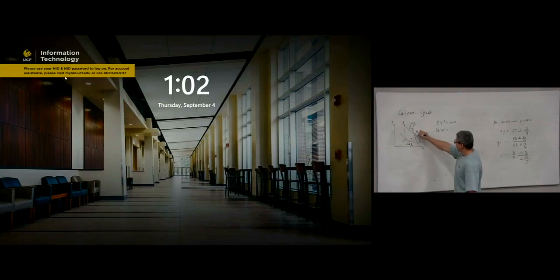This one shares the same adiabatic curve, so it equals PC VC^gamma, right? They have the same constant, so that one doesn't change. And the same thing here: PA VA^gamma equals PD VD^gamma. Is that correct?